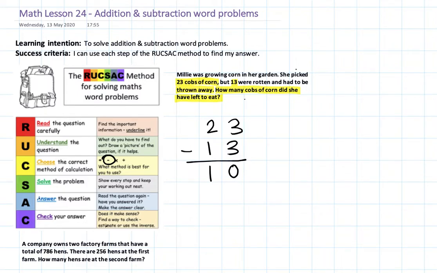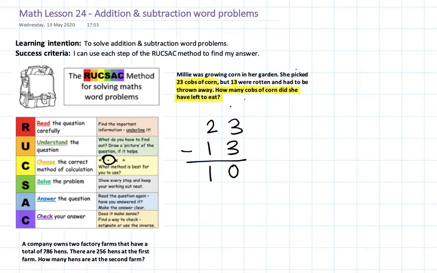What's my next step? A. Answer the question. Read the question again. Have you answered it? And make the answer clear. Alright, let's read the question again. Millie was growing corn in her garden. She picked 23 cobs of corn, but 13 were rotten and had to be thrown away. How many cobs of corn did she have left to eat?